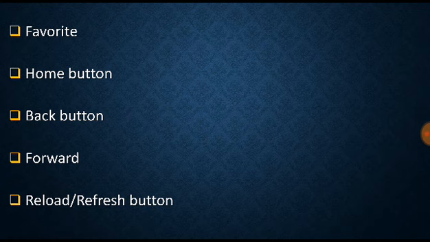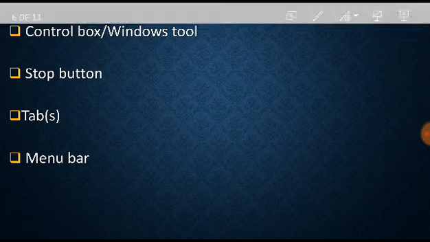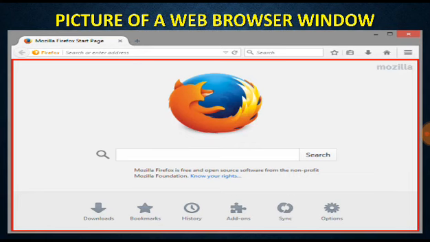We also have reload or refresh button. We have the control box or the Windows 2. We also have the stop button. We have the tabs which are on the menu bar. Then we have the menu bar itself. So all these are the features that we can see in most web browsers.